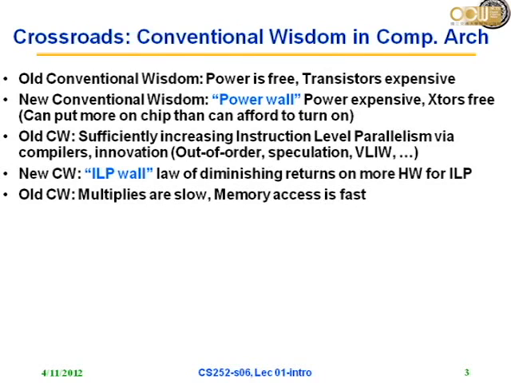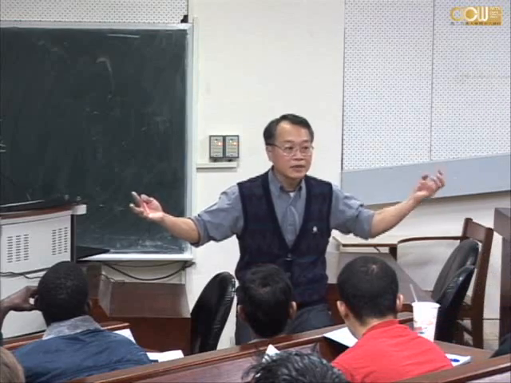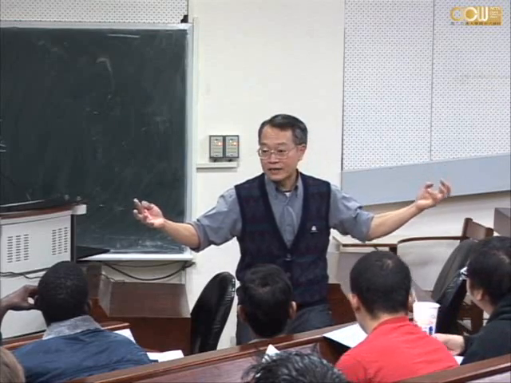You misunderstand me. This is CPU, this is memory, right? I only compare the speed of the CPU and the memory. I don't include the communications latency. I'm just saying, how come CPU can run faster?